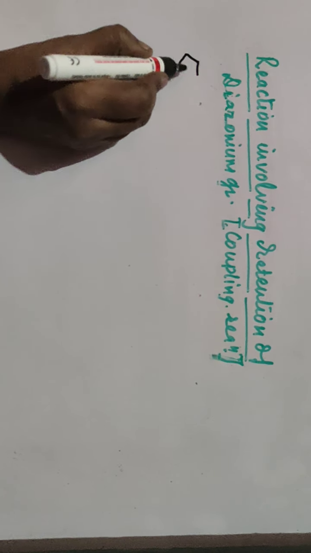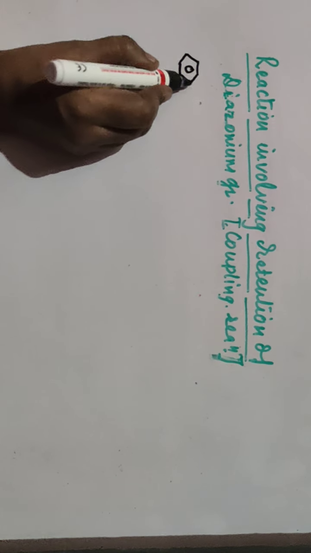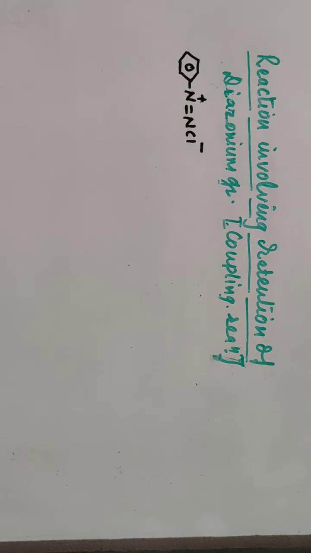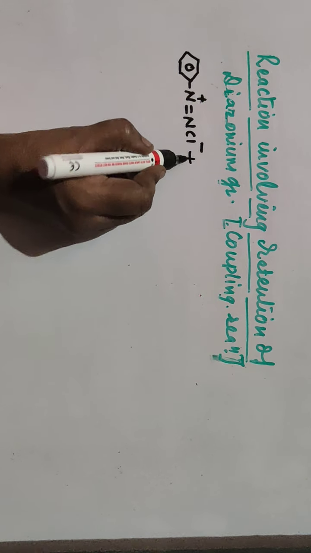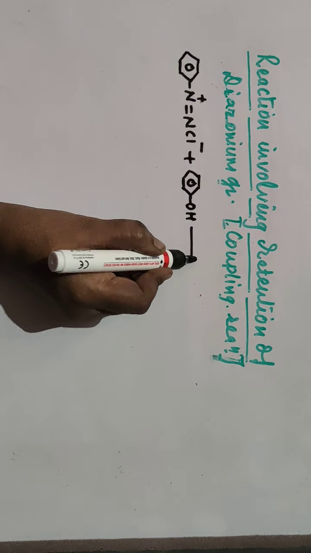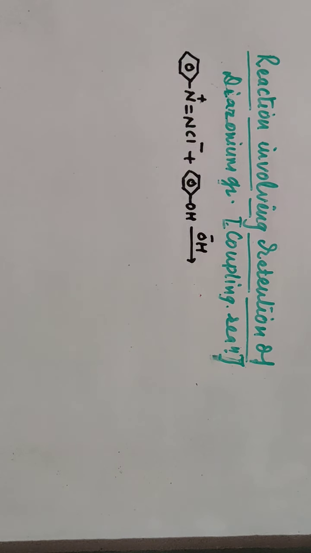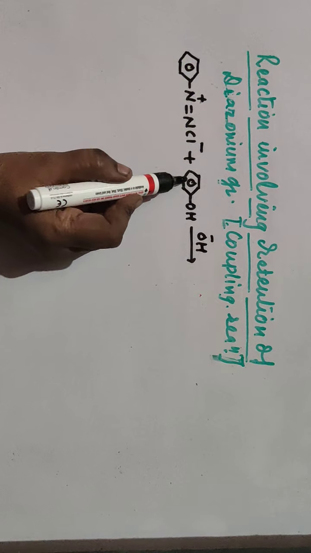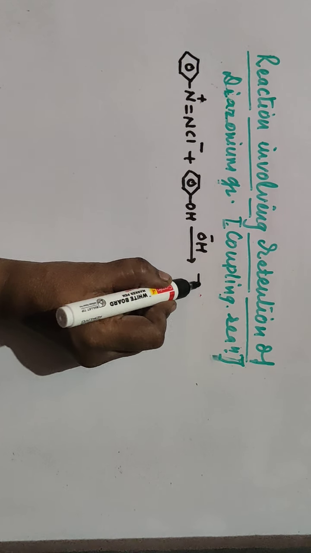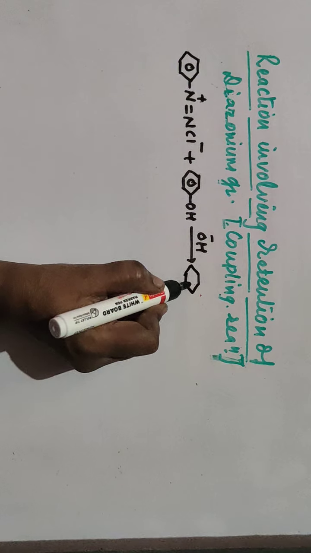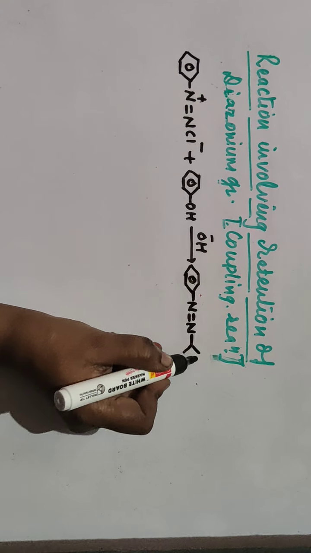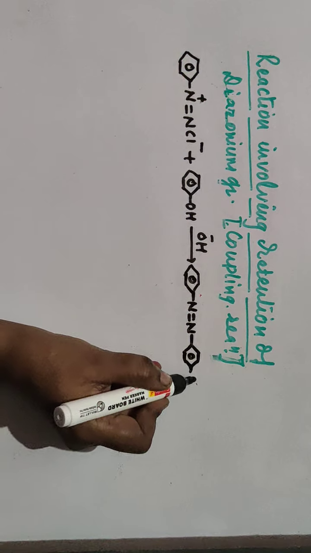When diazonium salt, that means C6H5 N2+ Cl-, benzene diazonium chloride, reacts with phenol in presence of alkaline medium, then the hydrogen atom H plus of phenol from para position is replaced by the diazonium ion and you will get compound C6H5 N double bond N C6H5 OH.